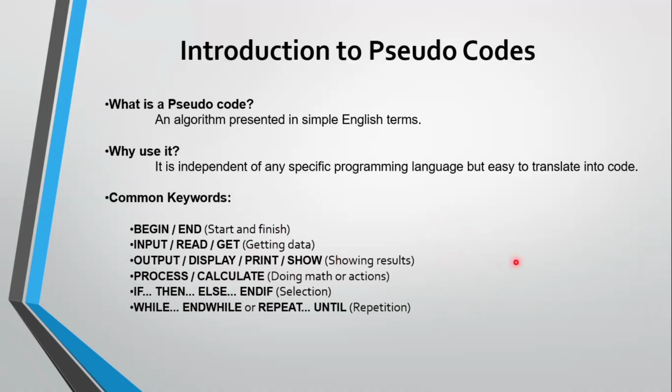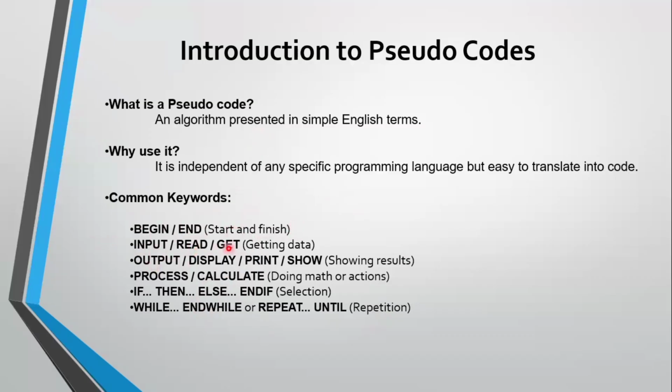We use capital letters for the main action word. Here you can see some common keywords. We use capital letters for these keywords like BEGIN, END, INPUT, READ, GET, and so on. We use BEGIN and END for the start and finish.